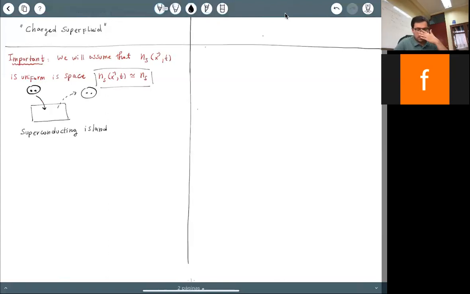But keep in mind that there are situations where we can remove or put an excess of Cooper pairs into the island. This is a very interesting thing that we will see later. Imagine that you put one extra Cooper pair, but one extra Cooper pair compared with a quintillion Cooper pairs in the sample is nothing. So to a very good approximation, we assume that this density of charge carriers is constant, homogeneous.